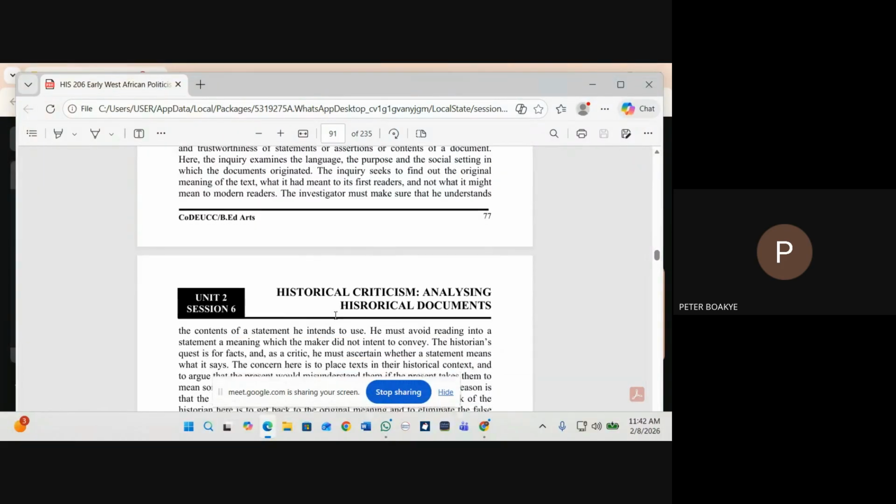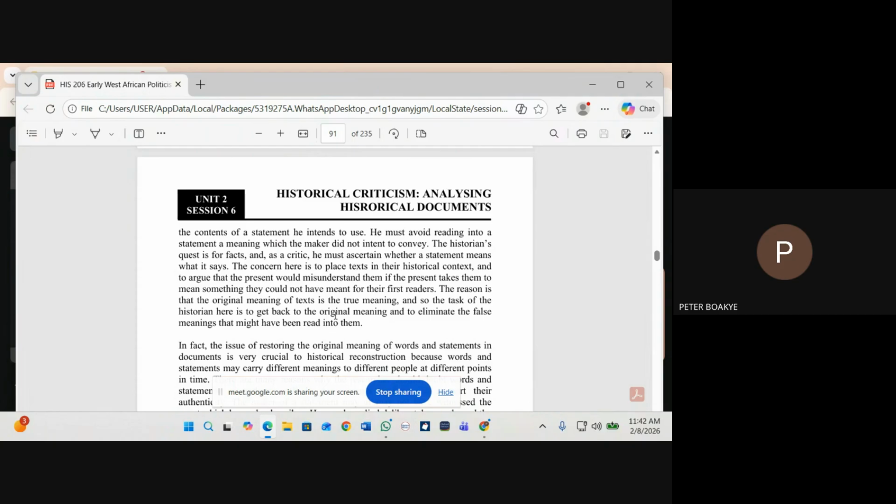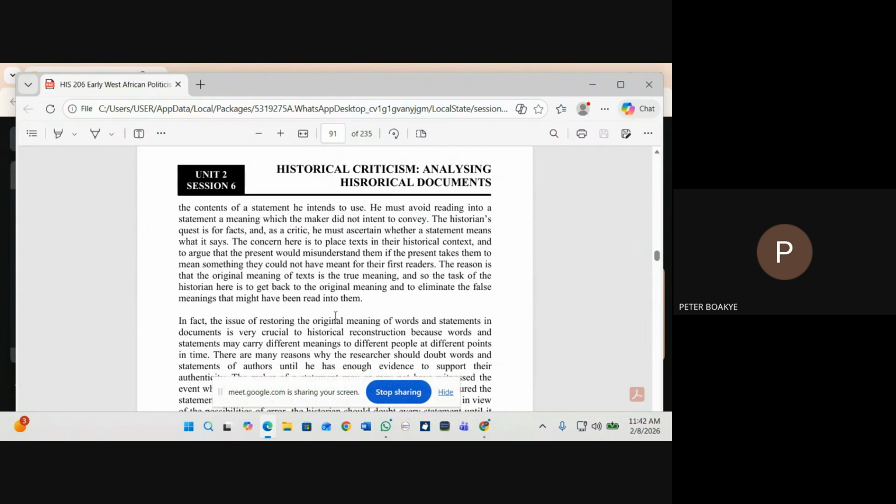The investigator must make sure that he understands the contents of a statement he intends to use. He must avoid reading into a statement a meaning which the maker did not intend. The historian's quest is for a fact, and as a critic, he must ascertain whether a statement means what it says.